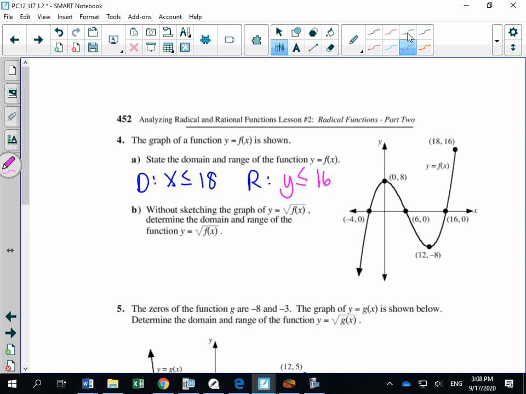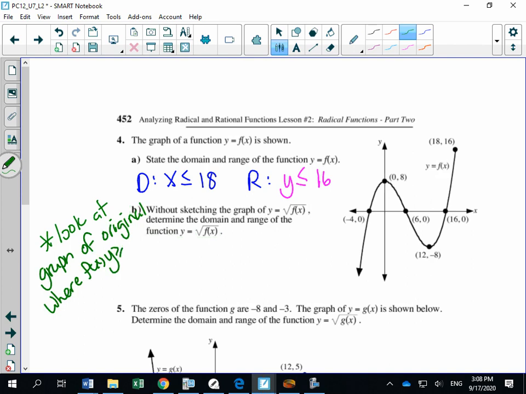Let's make note of that: look at graph of original. What we're looking for is where the y values of our function are greater than or equal to 0.